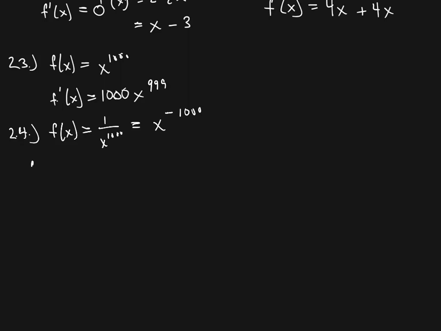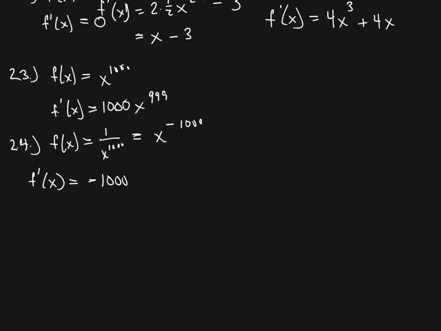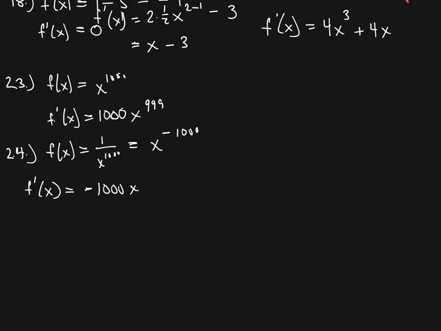We can take the derivative of that using the power rule. F prime of x then is going to be equal to minus 1,000, we bring the exponent down, times x raised to the minus 1,000 minus 1, which is, of course, negative 1,000 x to the minus 1,001 power.